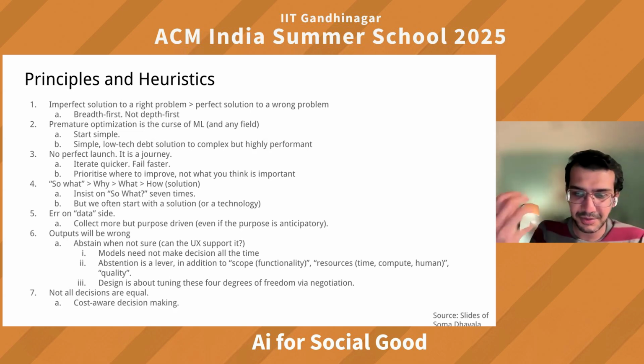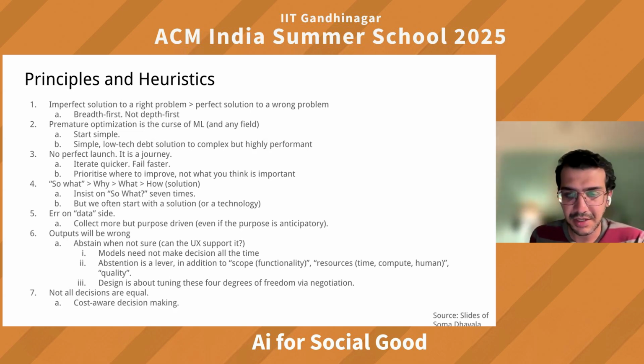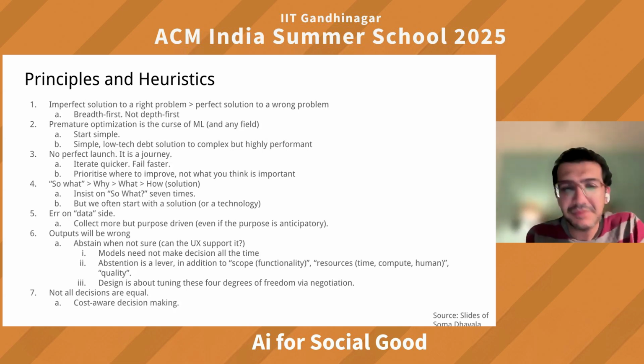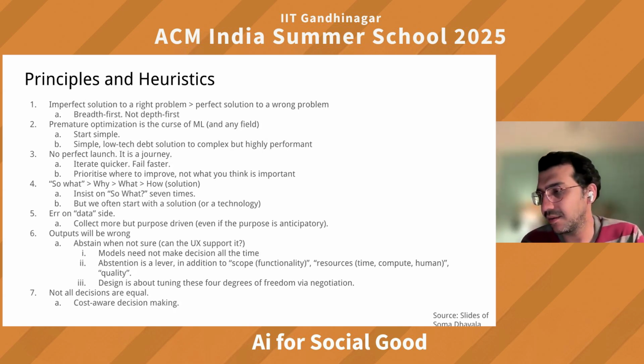So I think when we think about scoping our problem, thinking about abstaining or thinking about the human machine collaboration, in this sense, augmentation would be the right choice. Yeah, and of course, cost aware. So yeah, make your models strong, fast, cheap, better, everything.